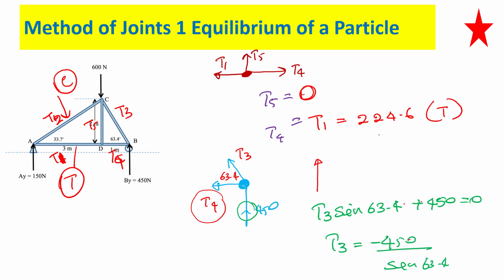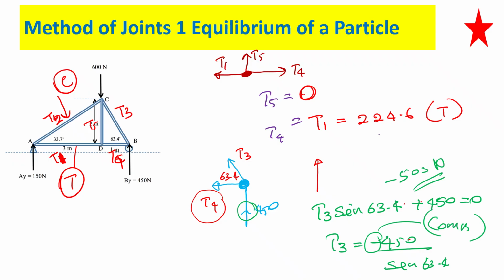Negative means that member is under compression. Why? We assumed everything under tension. Any negative number represents a compressive member. So it is minus 503 newtons, and it is under compression. Are we good? Okay, so this is the method of joints.